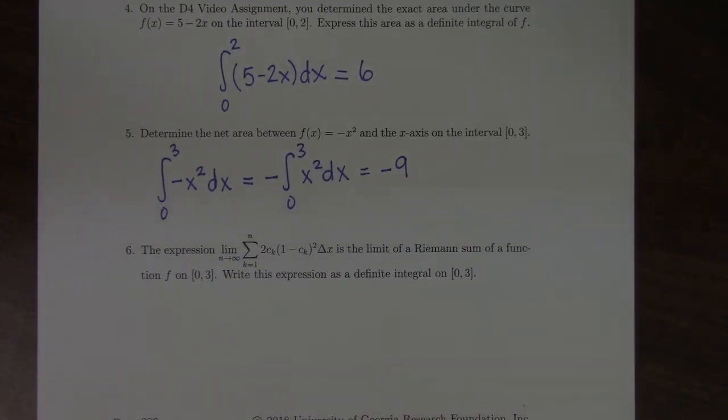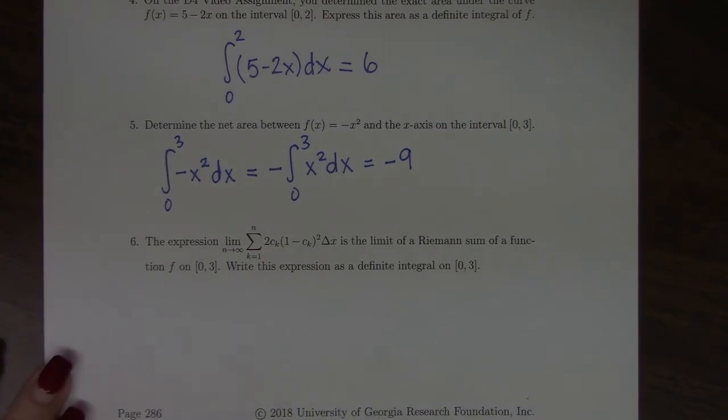The last one, we want to take a limit of Riemann sums. So we see it's 2 times c sub k times 1 minus c sub k squared, delta x. The limit as that goes to infinity is the exact area of some function of x from 0 to 3. Now we want to write this as a definite integral.